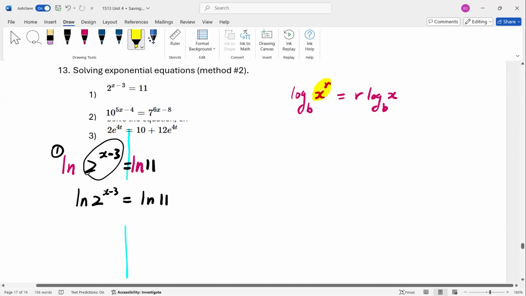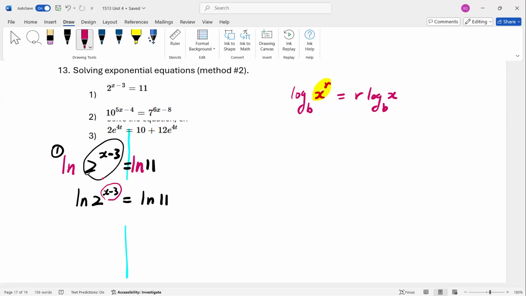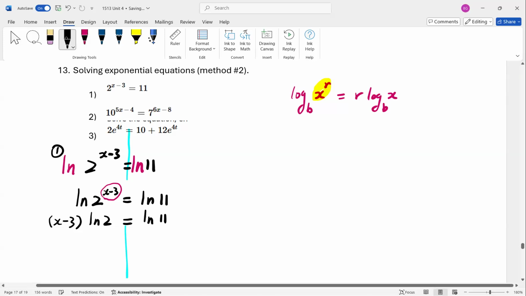We learned a lot of formulas last time, and this is one of them. Do not forget to put a parenthesis, because without the parenthesis, the structure would look different. Since x minus 3 is one whole thing, we use a parenthesis to frame it. Then we move the exponent in front of the log, and it equals the right side, ln 11.